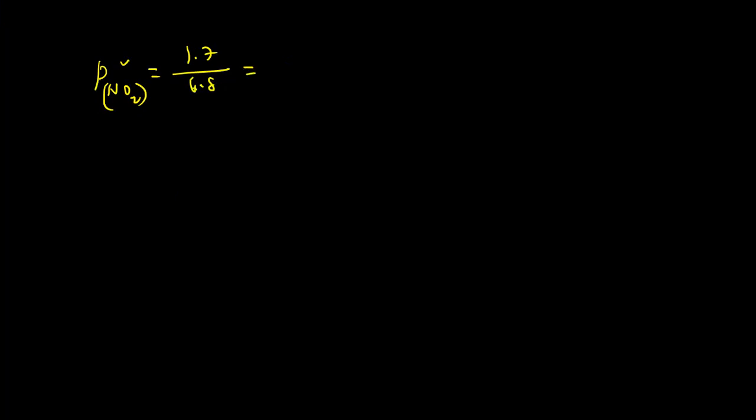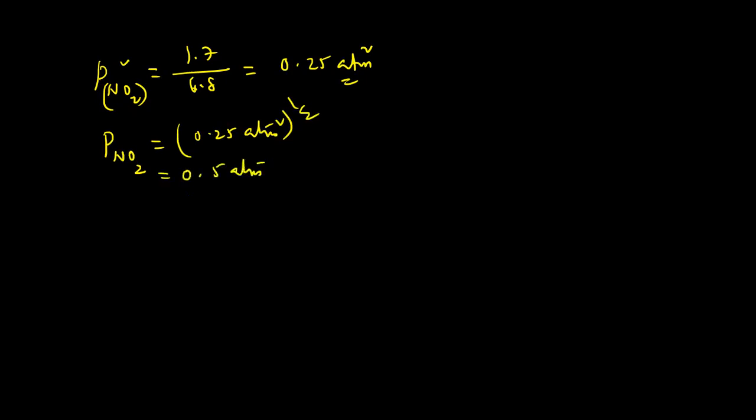So it will be 0.25 atmospheres square. That is partial pressure of NO2 square. Then partial pressure of NO2 will be the root value of this, that is 0.25 atmosphere square whole power 1 by 2. It will be 0.5 atmospheres. Okay. That is about partial pressure of NO2.